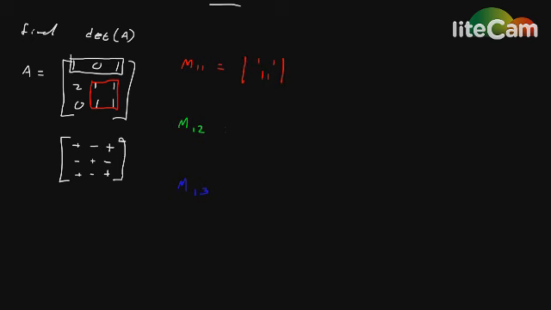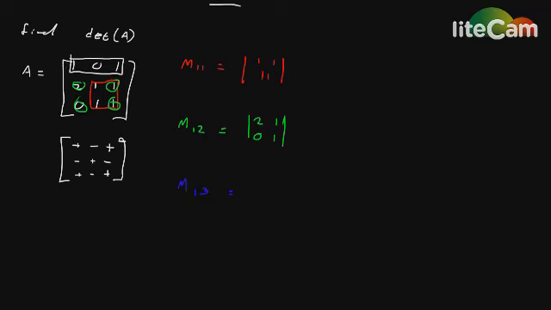Then we're going to find the determinant of M12, so delete row 1, column 2, and the matrix that's left behind is these 4 guys, 2, 1, 0, 1. Find the determinant of that, and then we're going to find the minor of 1, 3, which is the determinant of the matrix left behind if we delete row 1 and column 3.